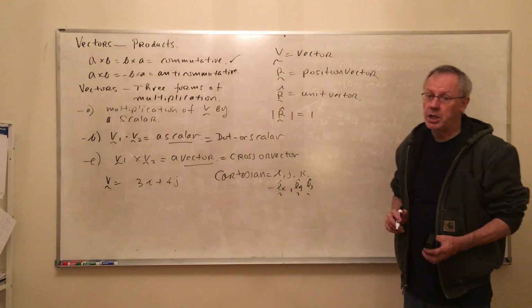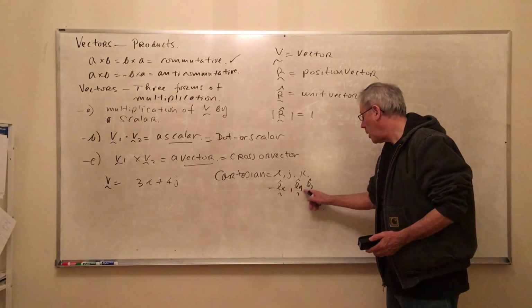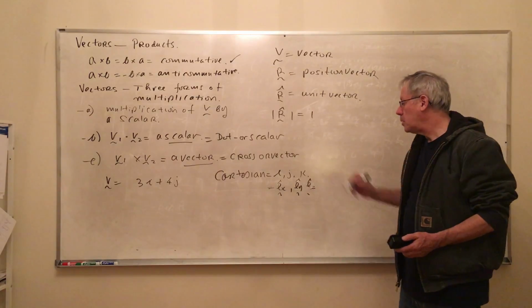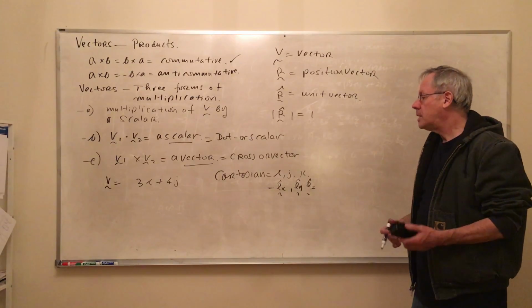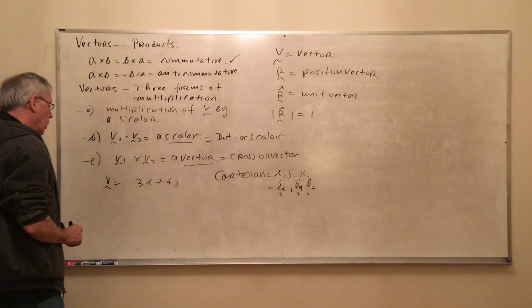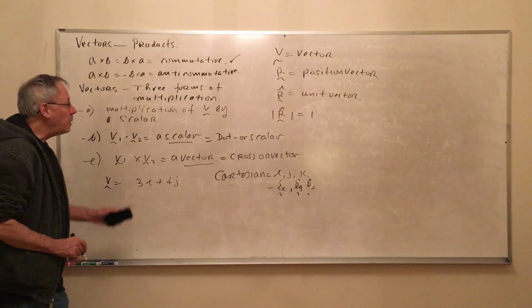I'll gradually wean you away from i, j and k and call them e_x, e_y, and e_z. I want to get you away from this notation. I don't like it. It's in the tradition, whatever. So we have v equals 3i plus 4j. Now what we want to do is multiply this by a scalar.